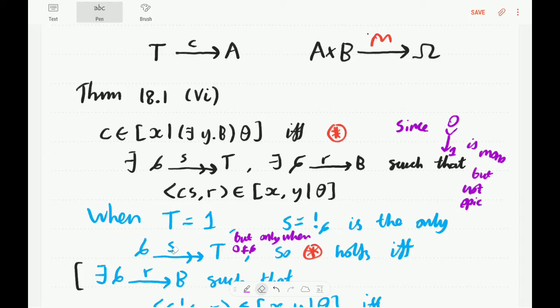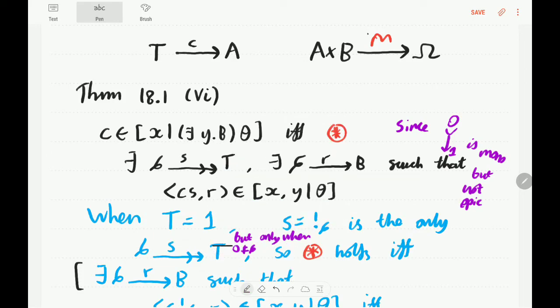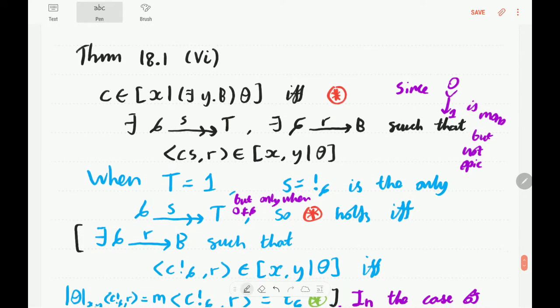So there's no way that this zeta could be the initial object, because we require it to have an epimorphism into our terminal object. And that'll turn out to be important.